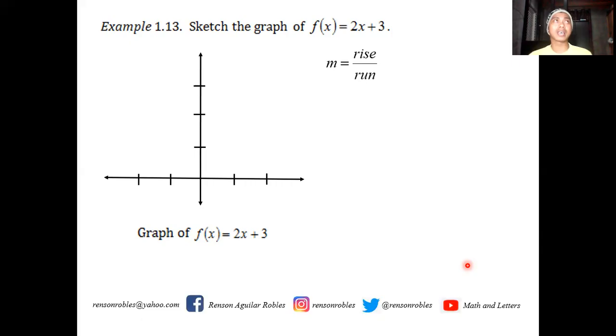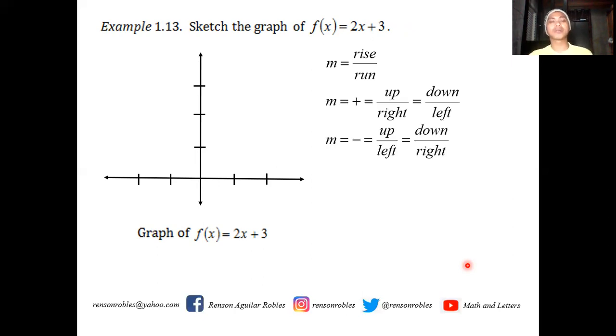Rise is going up or going down, and run is going to the left or to the right. When the slope m is positive, we can go up then right, or down then left. When the slope m is negative, we can go up then left, or down then right.